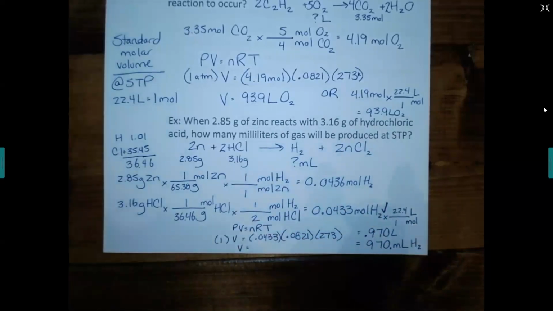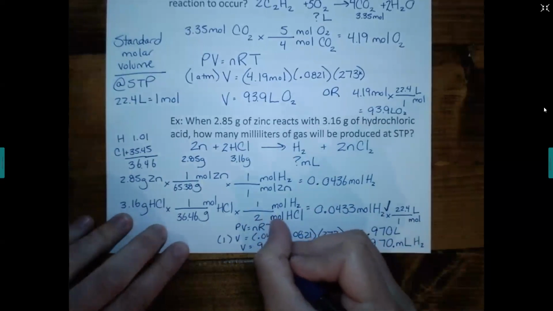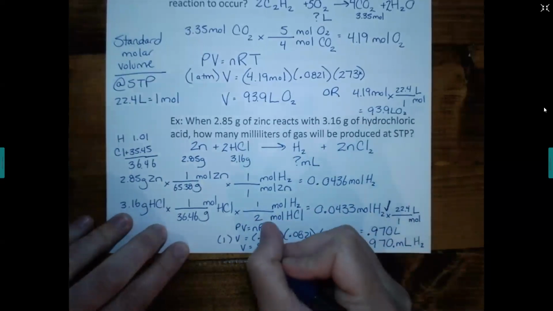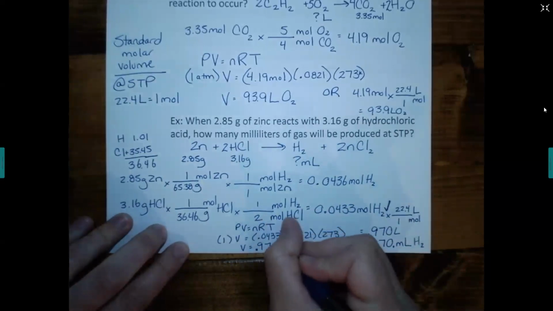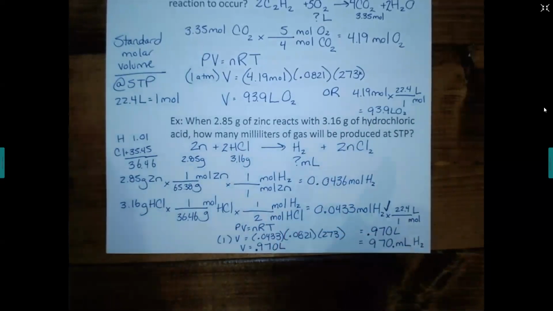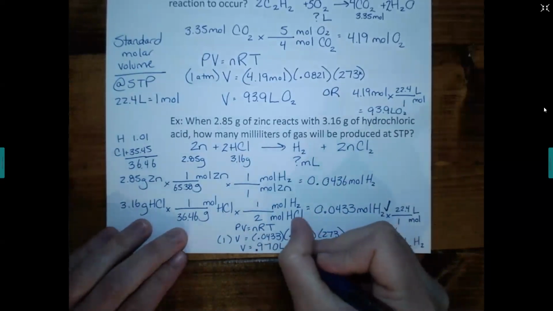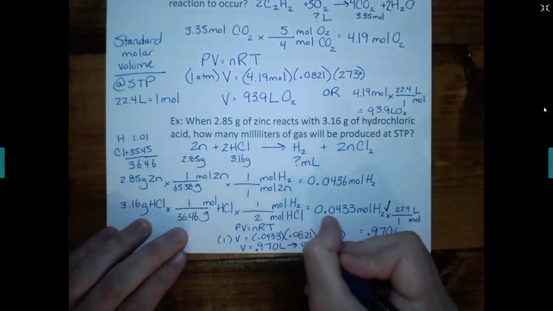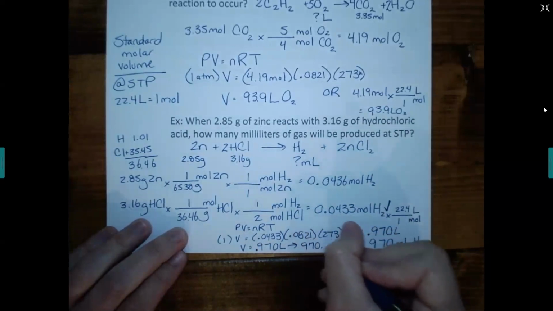You get the same thing. So you get 0.970 liters. Because remember, anytime we use ideal gas law, the volume is going to come out in liters. And then you just move your decimal to the right 3 places to put it in milliliters.